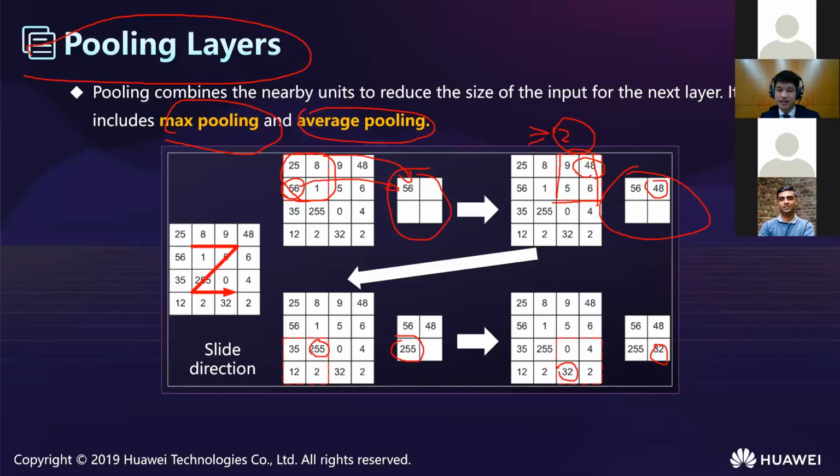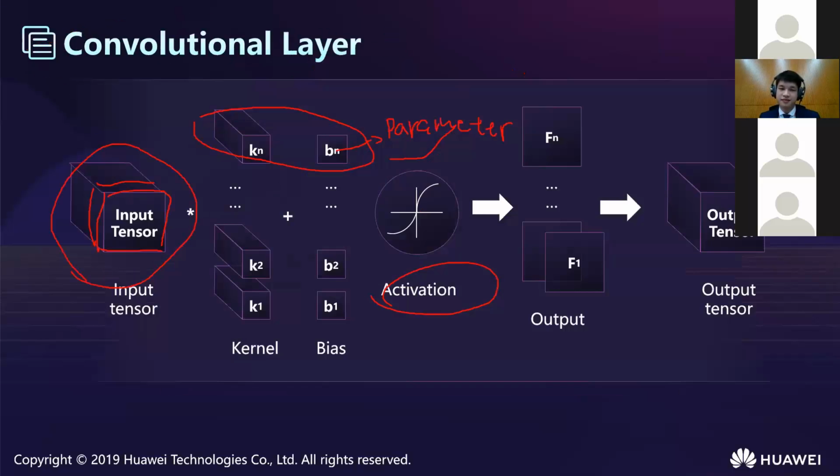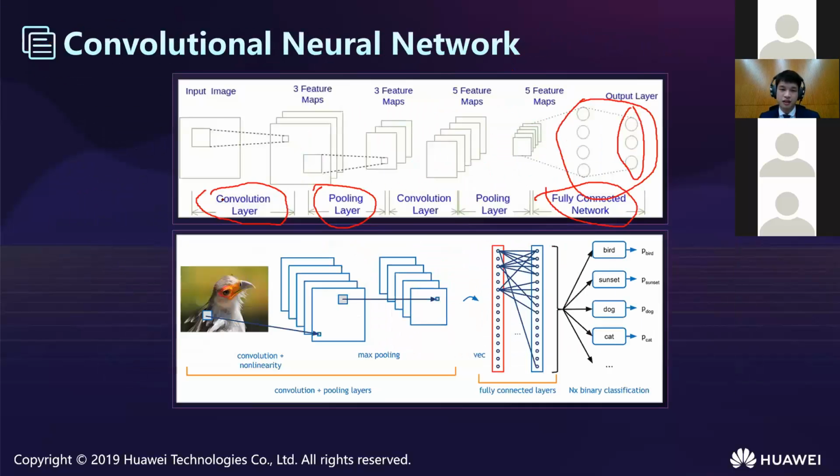So can you understand it? Yes. Okay, thank you. So after a lot of convolutional layers and pooling layers, we will get a lot of smaller feature maps.